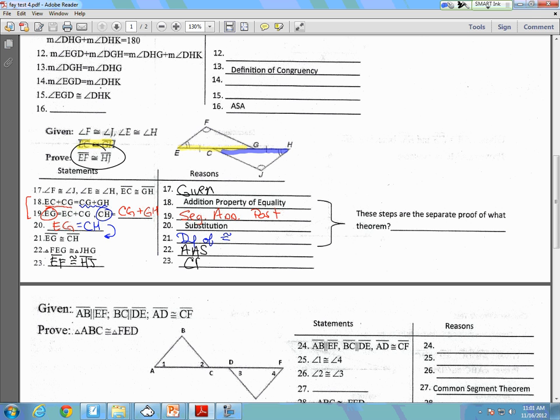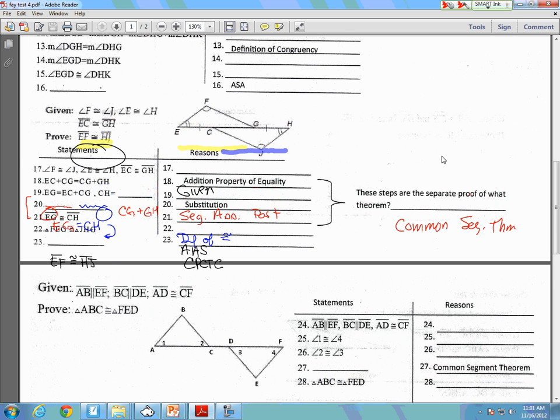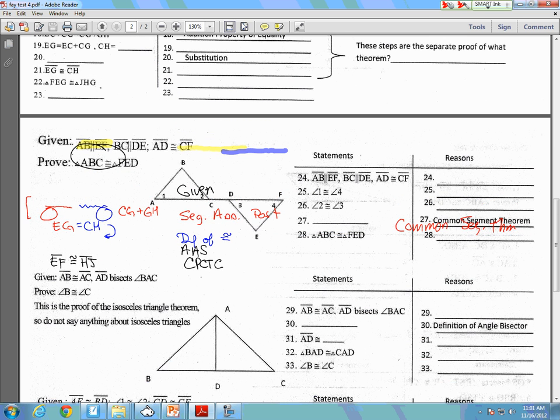And that's CPCTC. Like I said, these steps are a separate proof of what theorem? It's the common segment theorem. Okay. Going on to the back of the page.